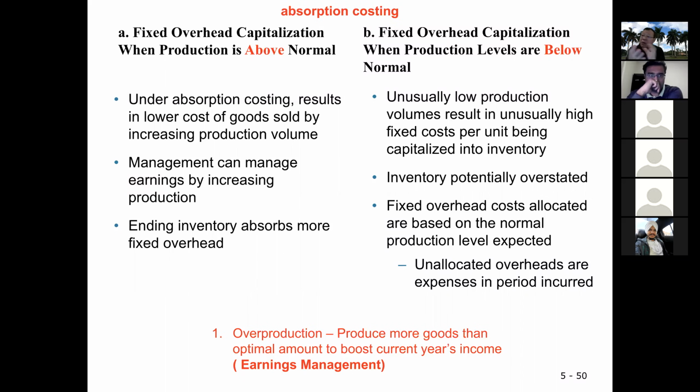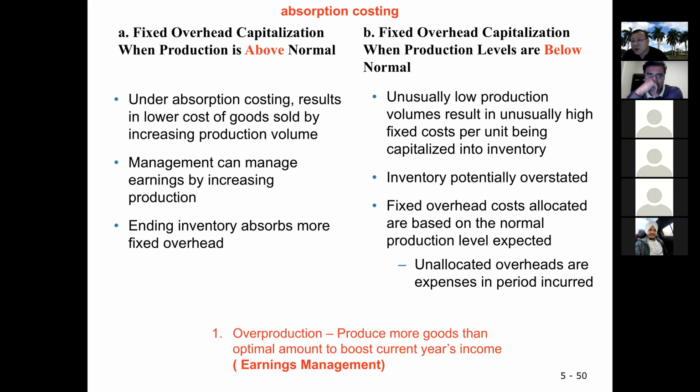It absorbs the cost in the current year, but whenever you sell these ending inventories, that cost will be released to the income statement in terms of cost of goods sold. So they are only shifting the cost across different reporting periods. If you have less cost in this period, you're going to have more cost in the following years.